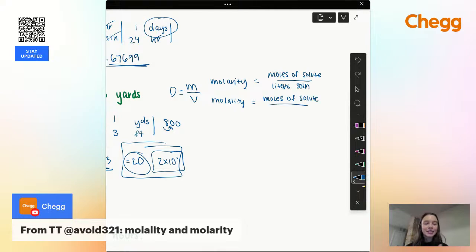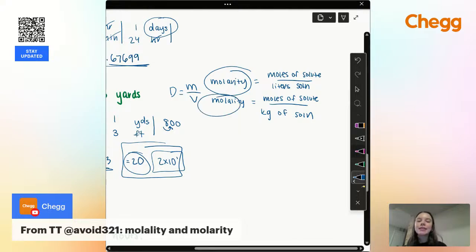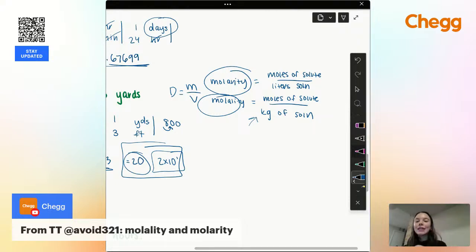It's kind of weird to see those differences, and if you're just taking basic level chemistry, it might be a little bit confusing. But the way I like to think of this is it's like a liquid versus a solid powder. We're finding how many moles are in the liquid with molarity, but how many moles are in a solid powder with molality, because kilogram is a dry ingredient measurement and liters is a wet ingredient measurement.